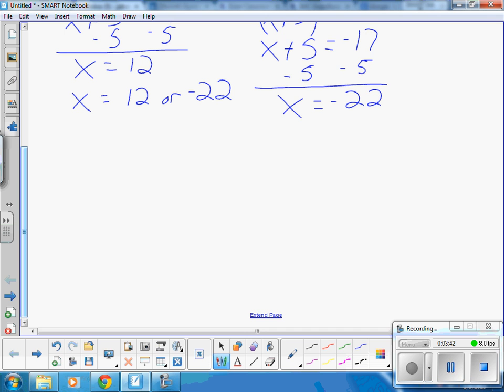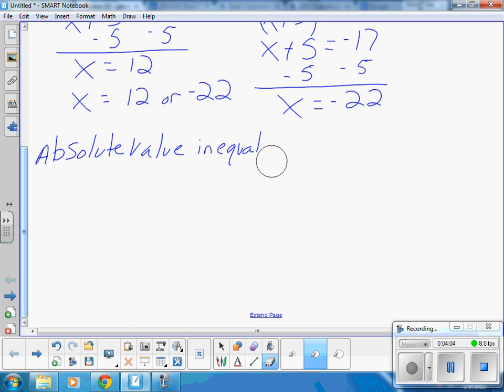Now we have two scenarios with absolute value inequalities. We have scenario one where the absolute value inequality is less than.